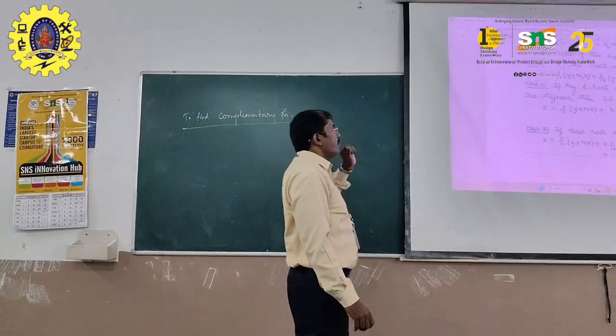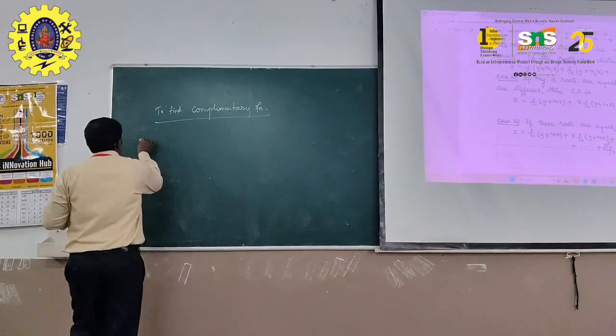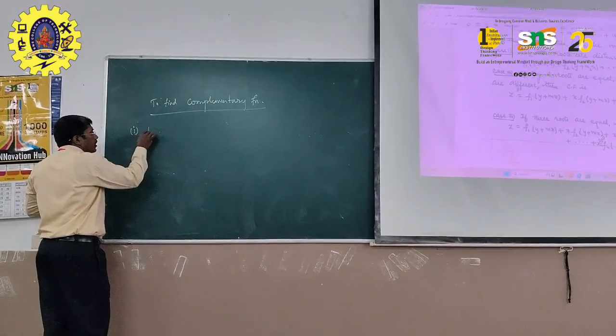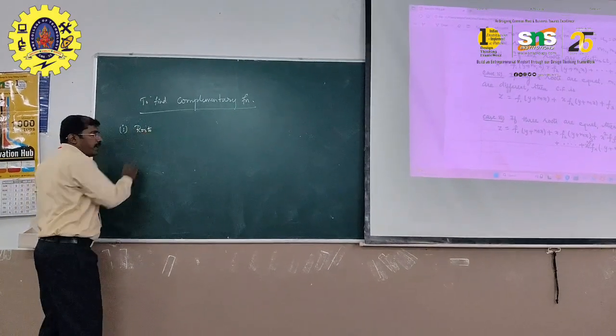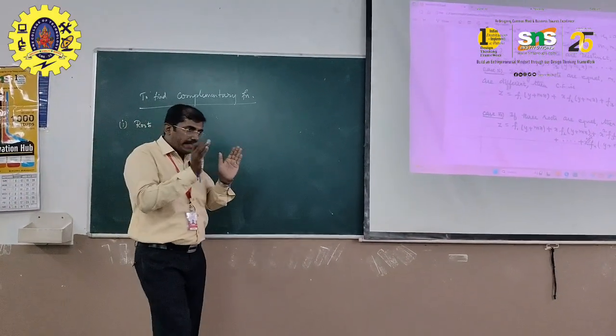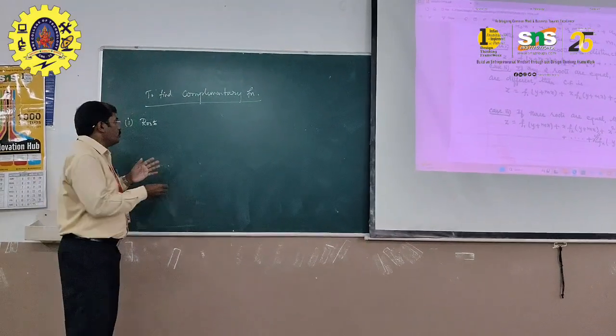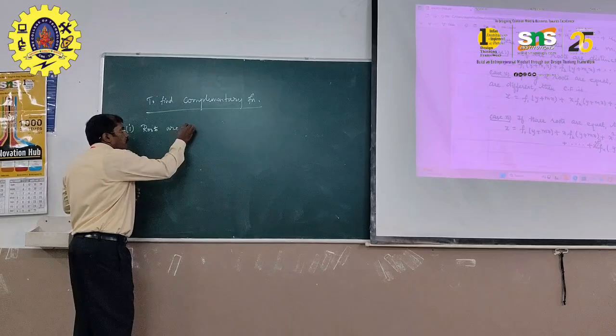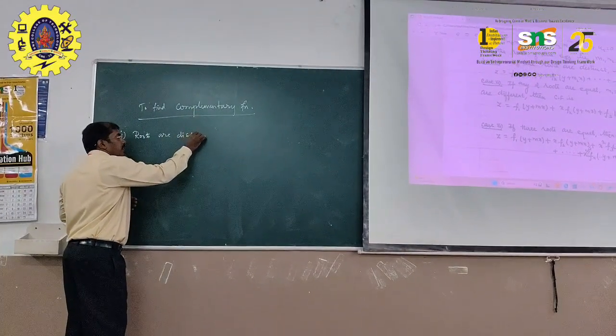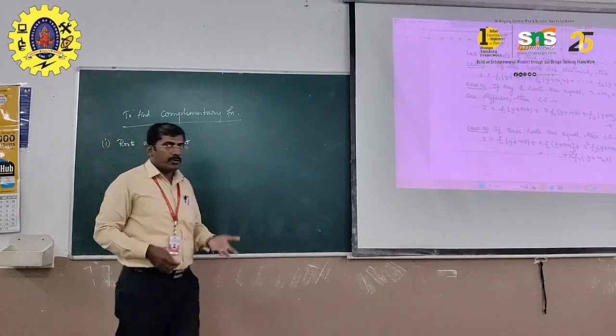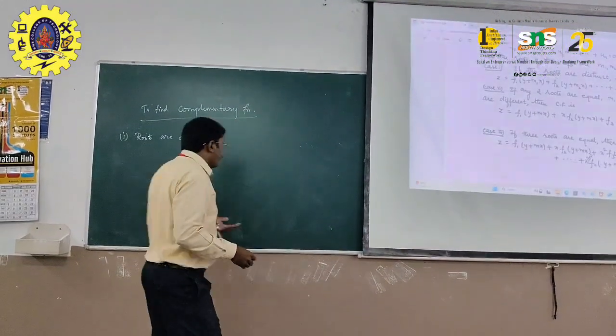For example, if the roots are distinct, that is type 1. You have a differential equation, you factorize the left hand side and get some roots. If the roots are distinct, what do we mean by distinct? Two different roots. We have a certain idea.